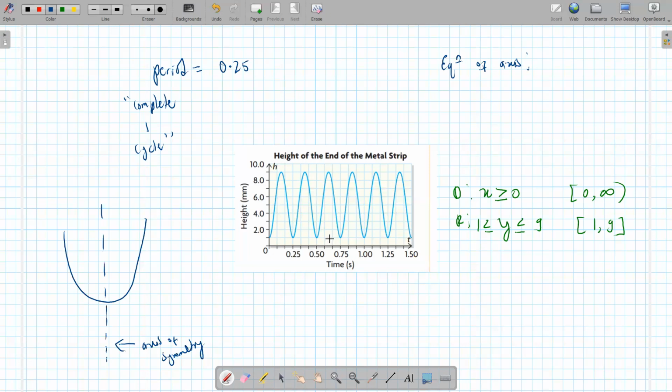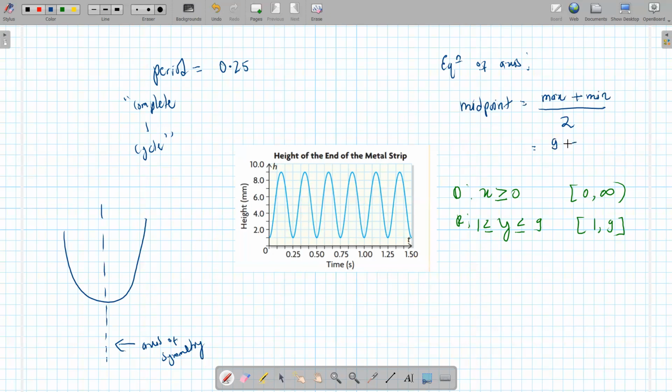To find the equation of axis, you find the midpoint. It's always going to be at the midpoint. And the midpoint is going to be the maximum plus the minimum divided by 2. What's our maximum here? 9.